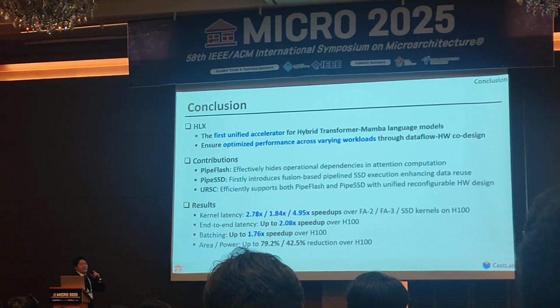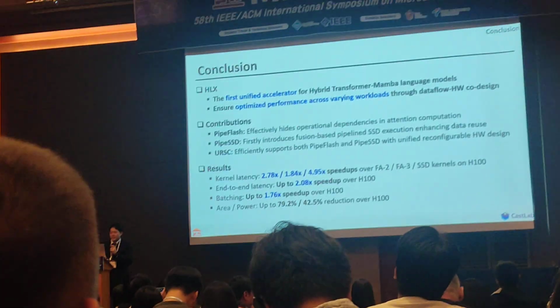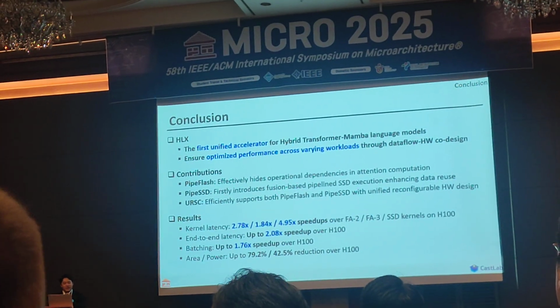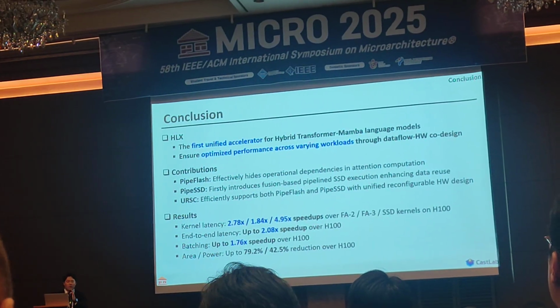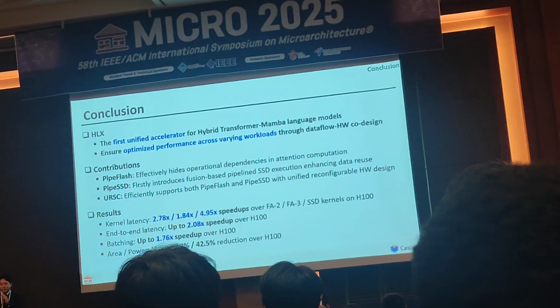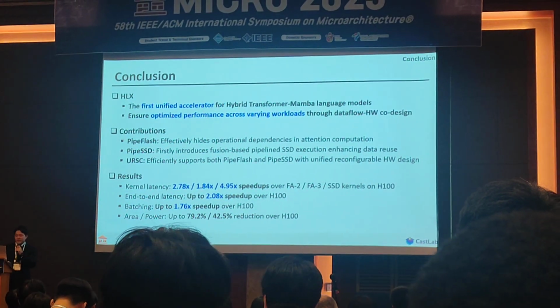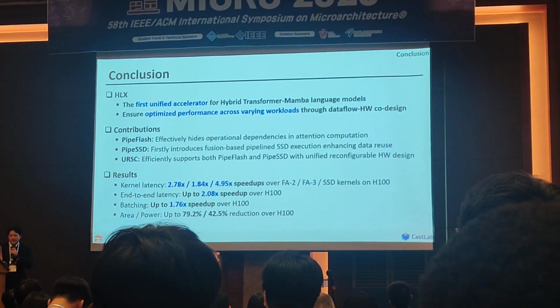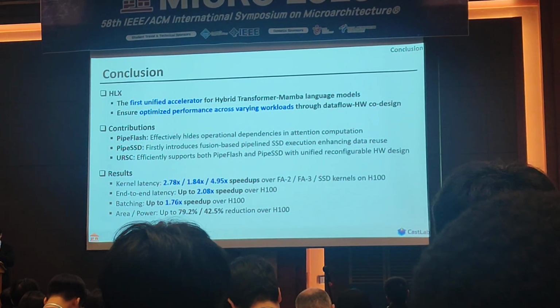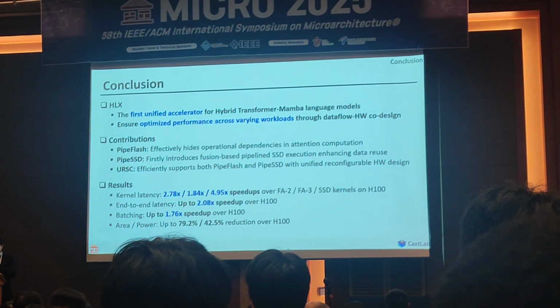So to wrap up, HRX is the first unified accelerator for a hybrid transformer Mamba language model. And it co-designs dataflow and hardware to maintain consistent and high performance for hybrid models. PyFlash handles attention computation dependencies with fine-grained pipelining, and PySSD introduces fusion-based pipelined SSD for better data use.